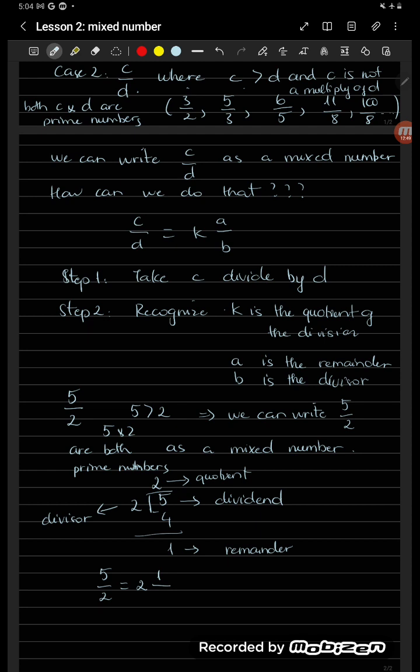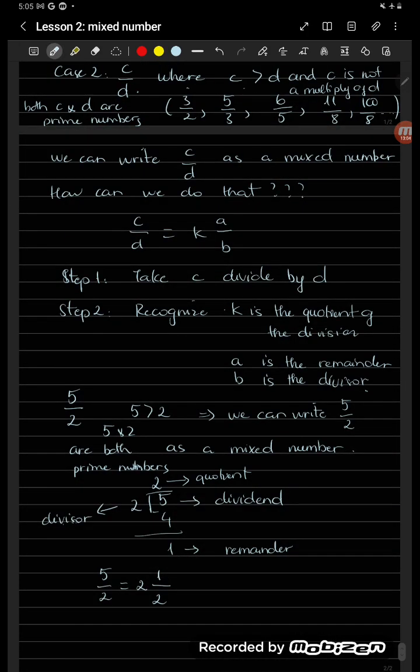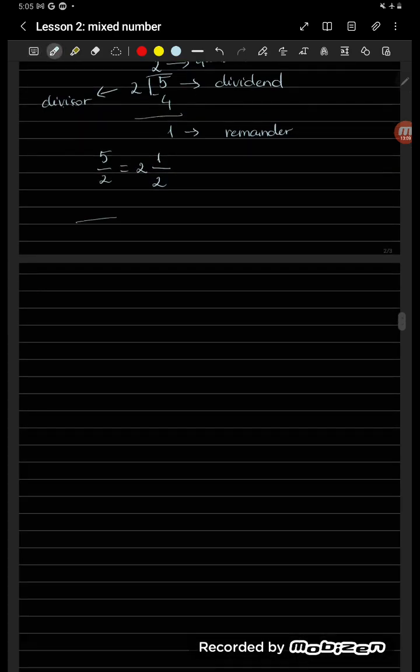And b is the divisor, so the divisor here is 2. So this case is a little bit special. I will take another example, then you will not be confused. Okay, so that's the way to write a fraction as a mixed number.